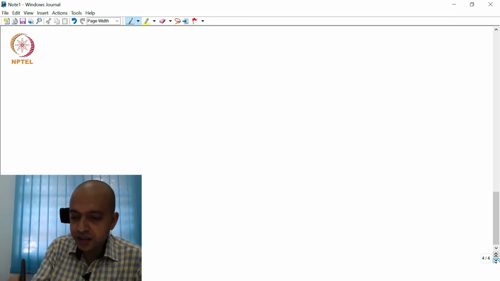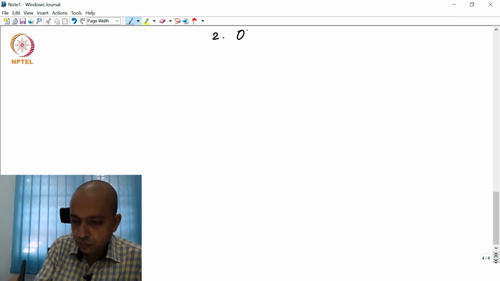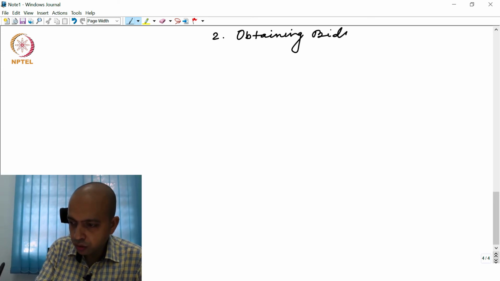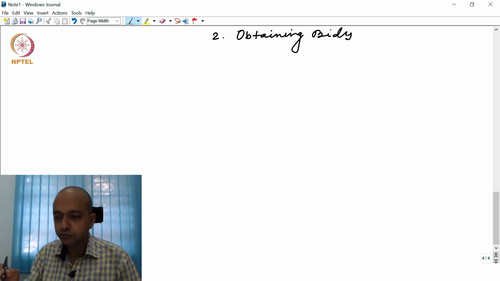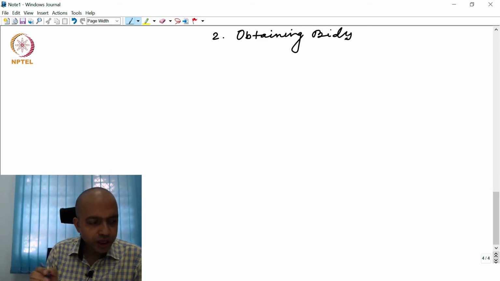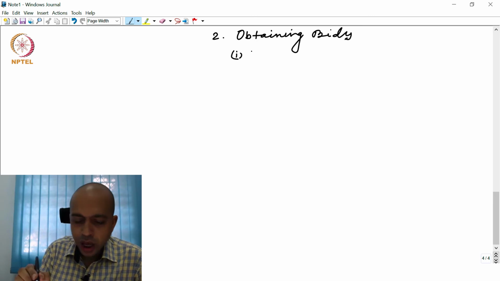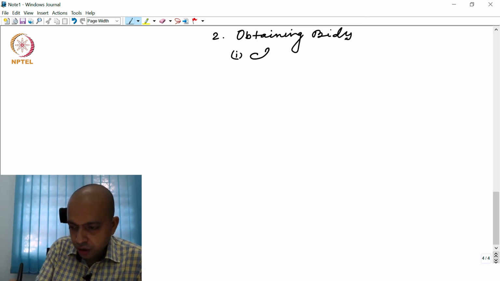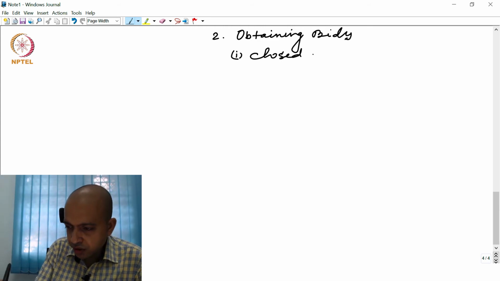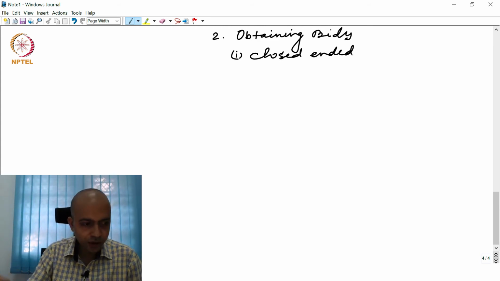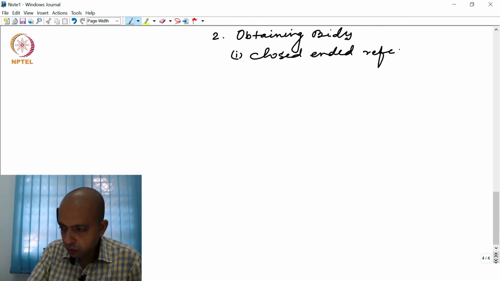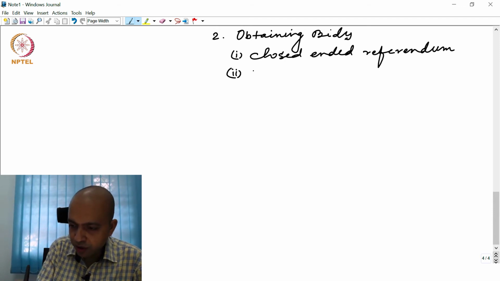Now obtaining bids, let us say that this is the second step. Once you create the market, the next step is obtaining bids. There are basically two ways by which we can obtain the bids: closed-ended referendum, and secondly open-ended referendum.